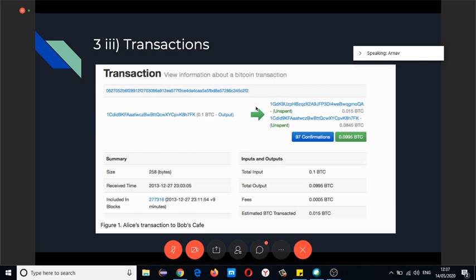So what I'll do is I'll send that person 0.015 BTC, and I'll send the remaining change back to myself. And this amounts to 0.005 and not 0.1 BTC, and that's because the remaining amount is used to pay the miners, the transaction fees to pay the miners.